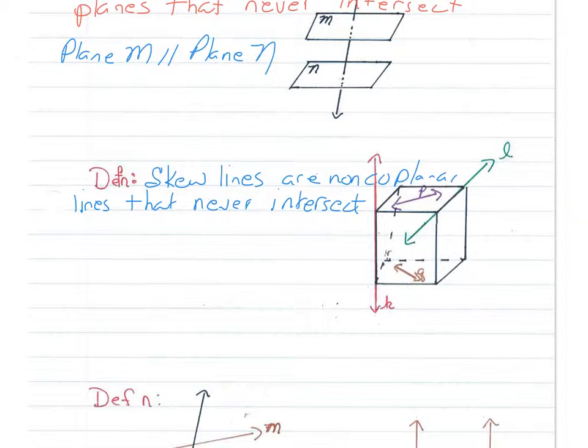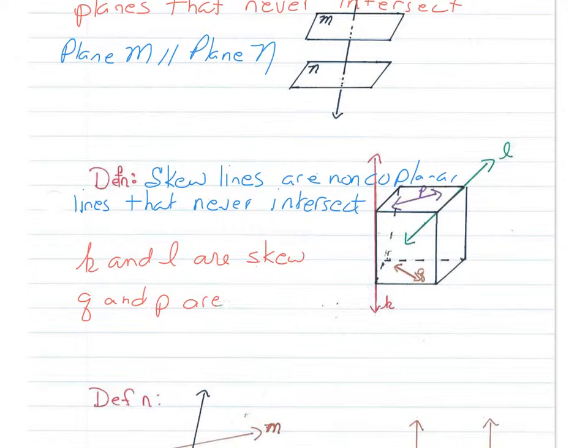In this example, line K and line L are skew. What are some other skew lines in that example? What's another pair of skew lines? Line Q and P. They're non-coplanar and they will never intersect.